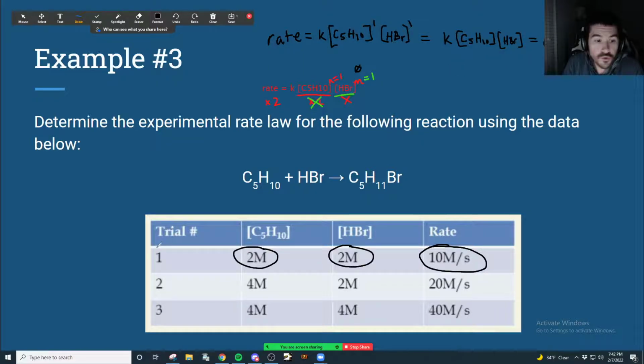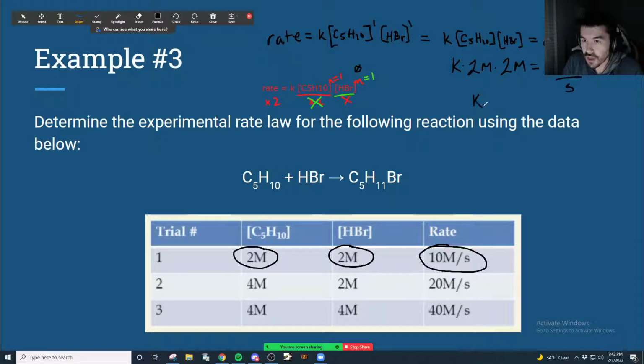So I'll use trial 1. So k times 2 molar times 2 molar is equal to 10 molarity per second, or moles per liter per second. Okay, so I just need to solve for k. Let me combine my two concentrations, just multiply these by each other.